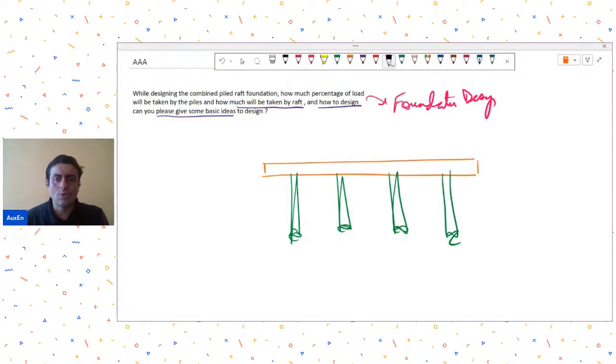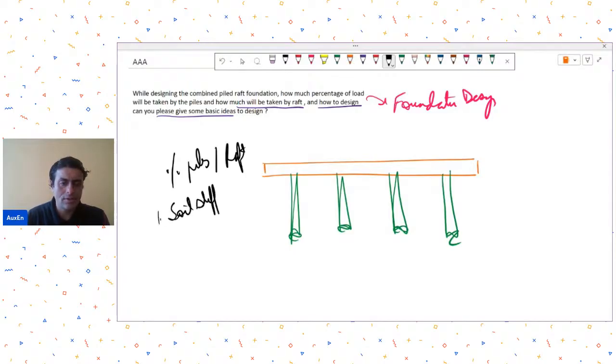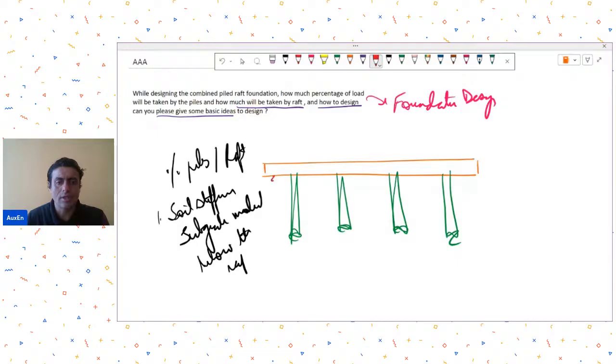So now, because two different systems are involved, the percentage of load taken by piles and percentage taken by raft will depend on, first of all, the soil stiffness, or let's say the subgrade modulus below the raft. Okay, so what is the type of soil and what is the subgrade modulus it can offer? So let's say these are the spring constants of your soil below the raft.